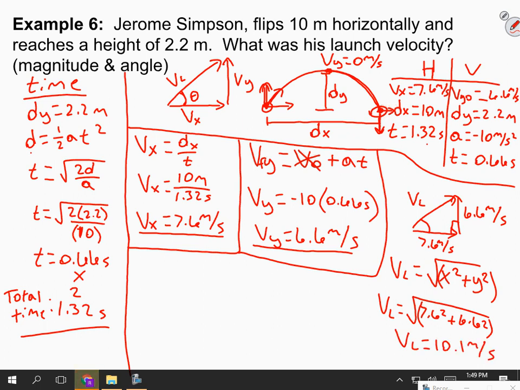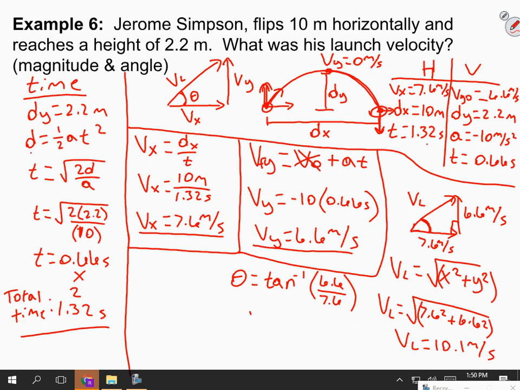Now we got to find the angle too, since we're always trying to find the angle with the horizontal. That's what we always give you. So theta is going to be the inverse tangent of y over x, like it always is. So 6.6 over 7.6. That gives you 41 degrees.